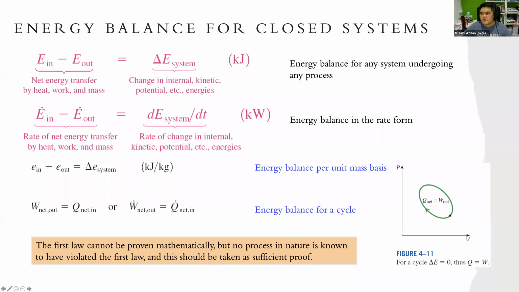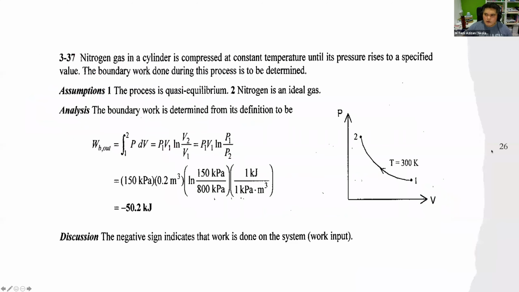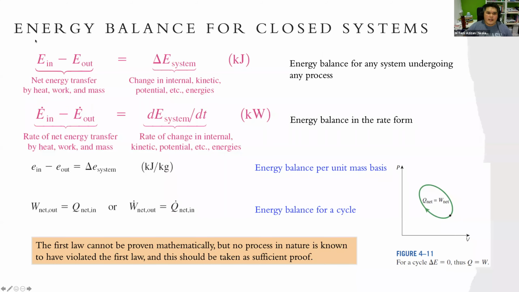For chapter 5, which I will record later, it is on the open system, but this one we are going to look into the closed system. For closed system, we actually have more terms here, but it has been simplified because what we are interested in is the principle of energy conservation.